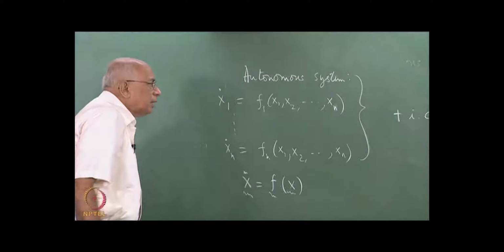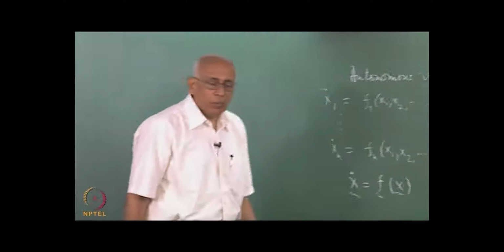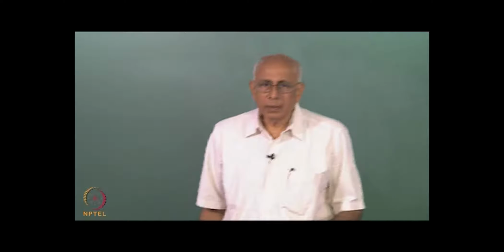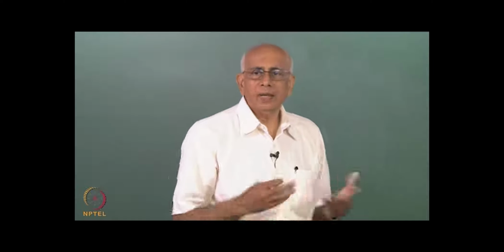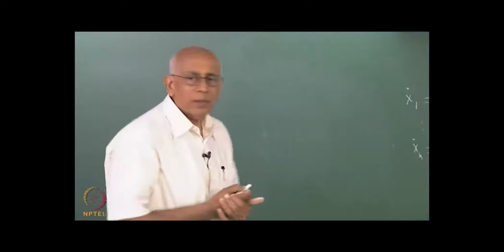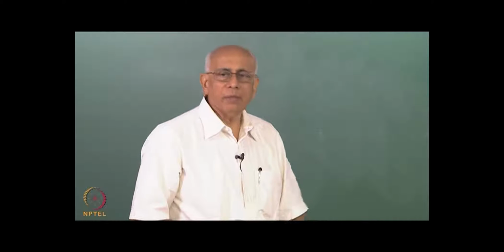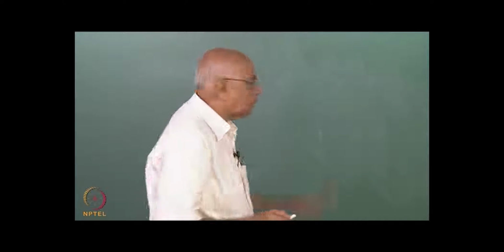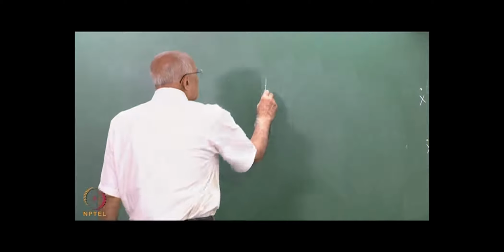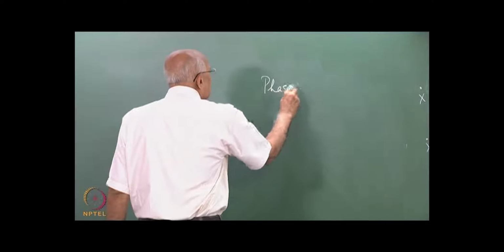The system can be integrated completely, but a great deal can be said even without doing so, provided we understand what is meant by the qualitative theory of differential equations, the geometrical, qualitative behavior of the solutions of such coupled equations. For that we need to be able to do this geometry, we have to introduce a concept called the phase space.